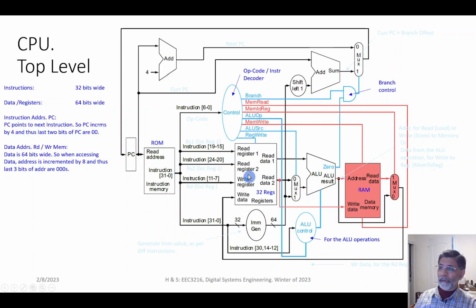So as you can see, we have some multiplexers here. We have some adders, right? In the ALU, we have registers, 32 of them. We have a memory, and we have decoders. So I'm going to now talk about these things going forward and show you how they look.